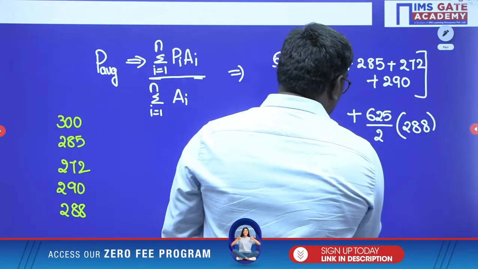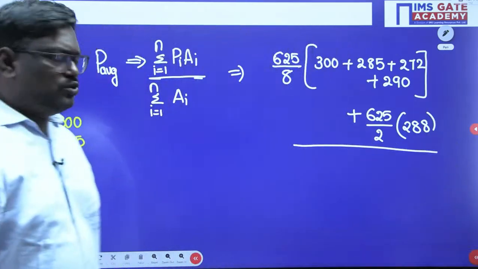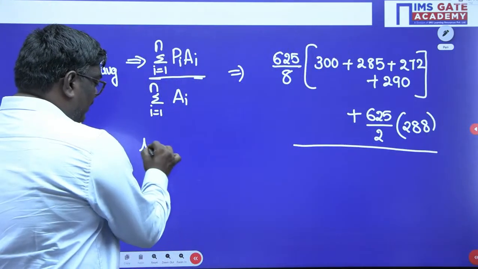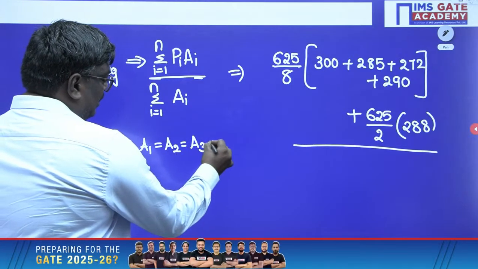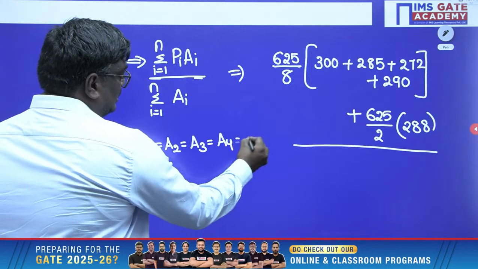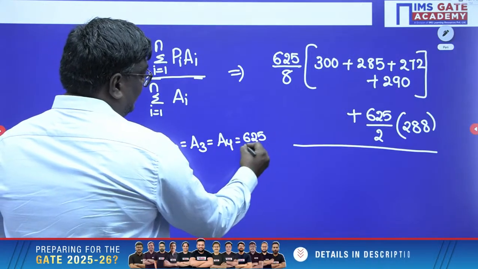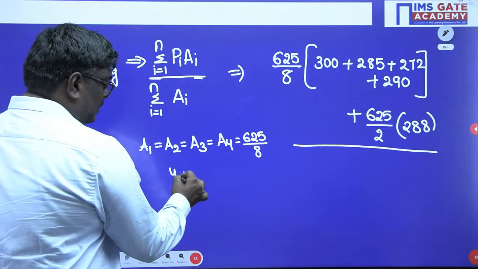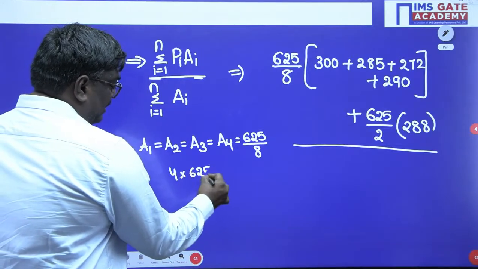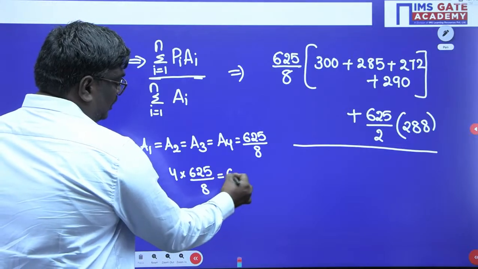And if you see the total area, remember my dear students, A1, A2, A3, A4 is equal to how much, sir? It is equal to 625 divided by 8. Okay, now if you consider here 4 into 625 by 8 is equal to how much, sir? 625 by 2.